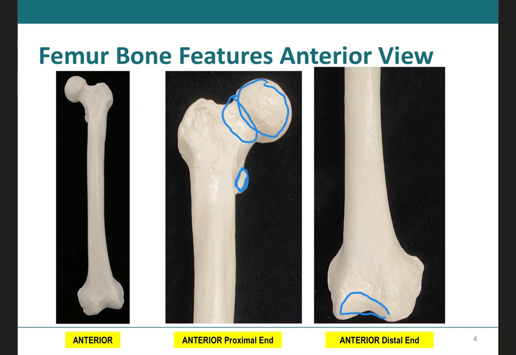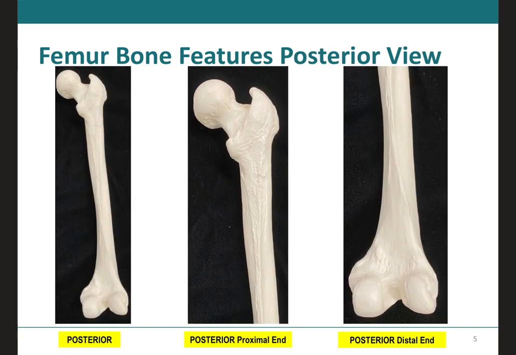On the lateral side, I'm going to have the lateral epicondyle, and on the medial side, I will have the medial epicondyle. How do I know that this is medial and this is lateral? By looking at the head. Therefore, this is going to be medial and this is going to be lateral. When you guys get tested, you will always be able to see the head on the image.